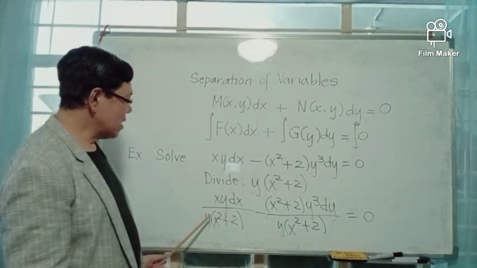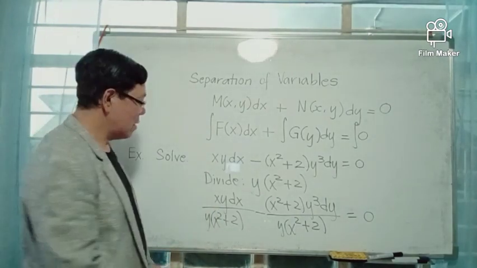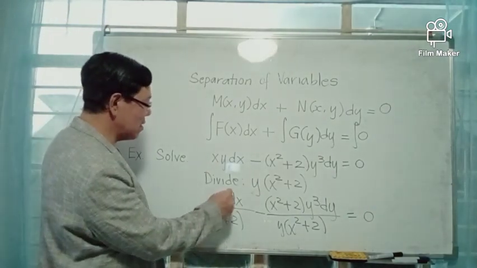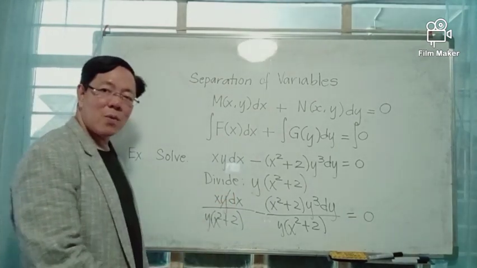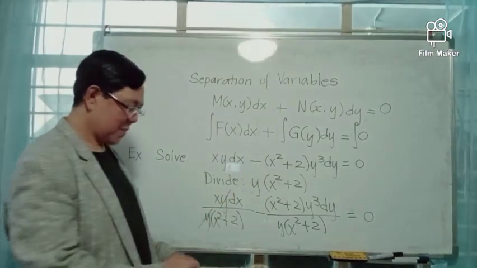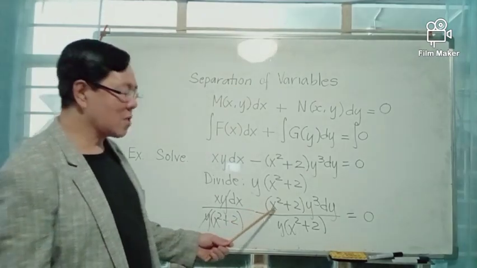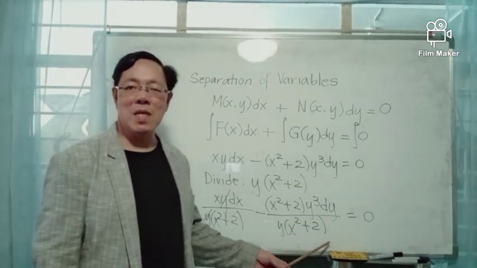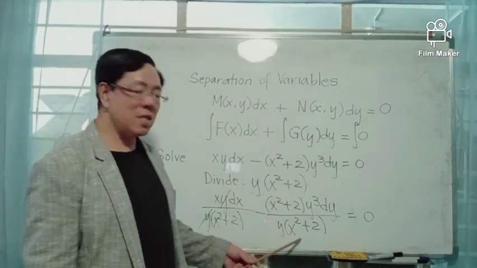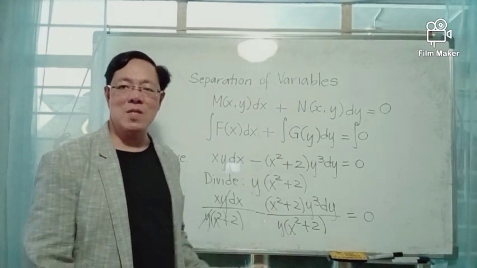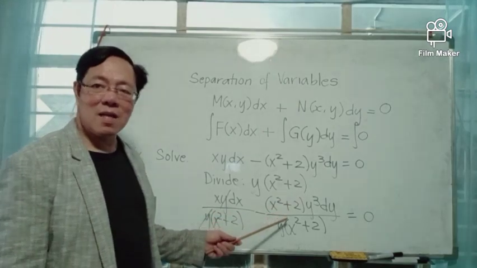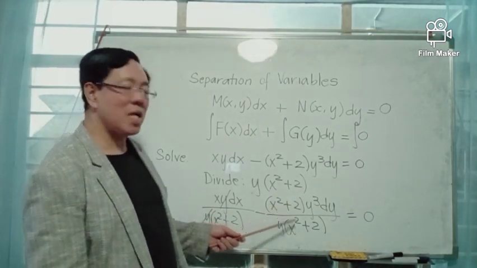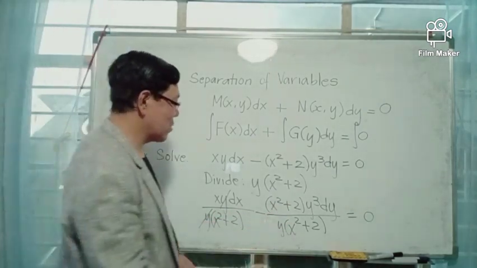We have y over y is 1. Hence, we can cancel y from the numerator and y from the denominator. In the second term, we have x squared plus 2 in the numerator and x squared plus 2 in the denominator, and this quantity divided by the same quantity gives us 1. Thus, we can cancel x squared plus 2 from the numerator and from the denominator.